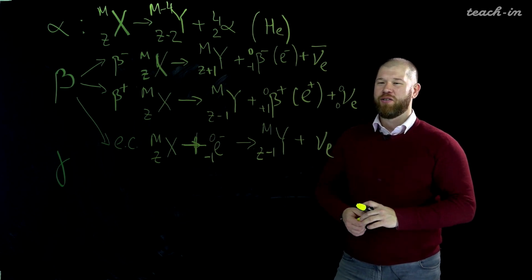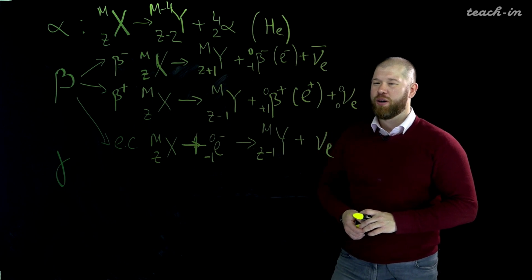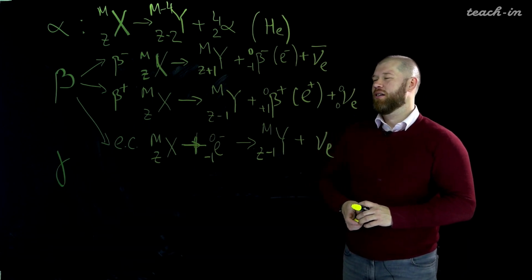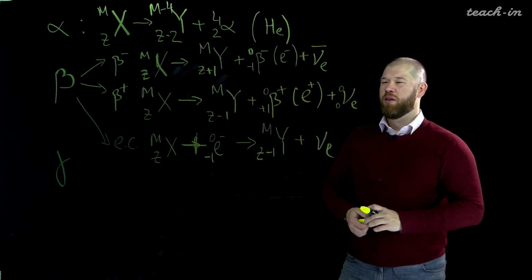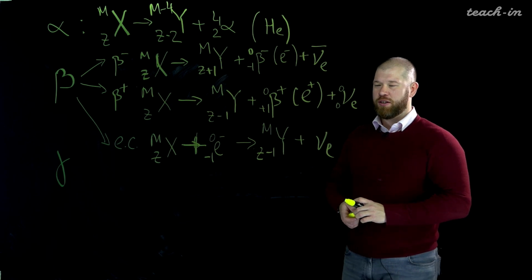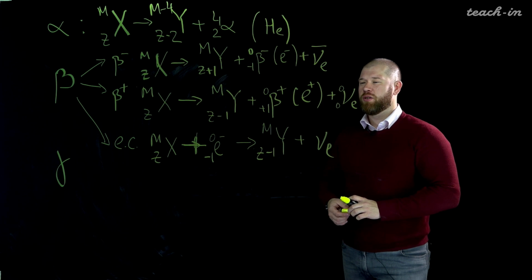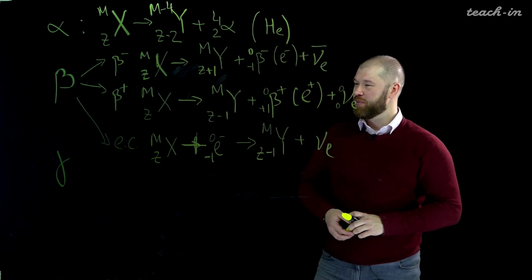So that means that neutrino has a mass around 200 or 400 millions times less than the mass of protons and neutrons. So it's a very small, very light particle that is difficult to be detected. And we still don't know the exact mass of this very small particle.